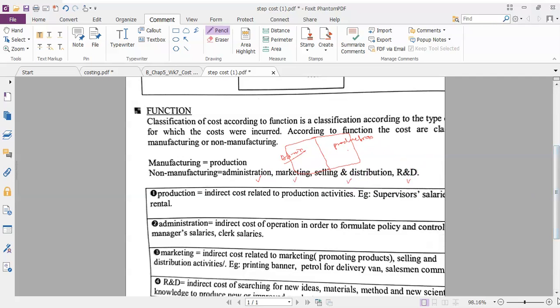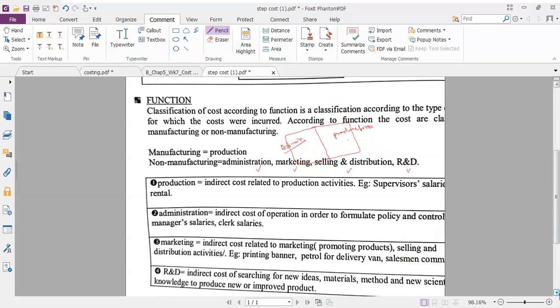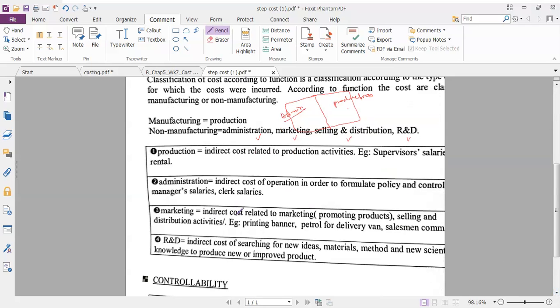Based on their function, the first function is production: indirect costs related to the production activities such as supervisor salaries or rental. For administration, indirect costs of operation in order to formulate policy and control, for example manager salary. Then marketing: indirect costs related to the marketing of promotion products, selling and distribution, for example printing banner, petrol for delivery van and sales commission.